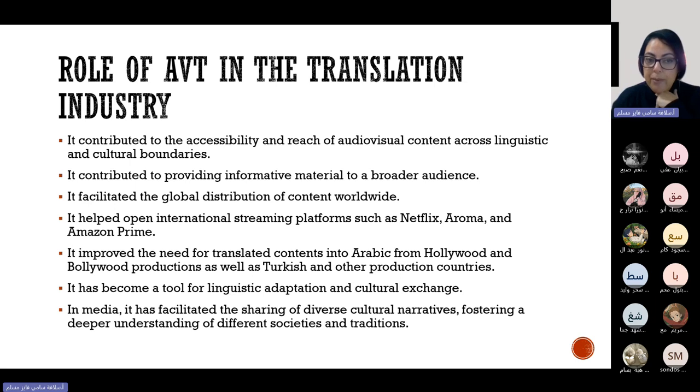Now, in media, for example, it has facilitated the sharing of diverse cultural narratives, fostering a deeper understanding of different societies and traditions. Through what? Through their documentaries. Okay? When you go to the documentary category on any of these online streaming platforms, you'll find the history of World War I, World War II, the conquests, The Message, all of these have facilitated the sharing of diverse cultural narratives.